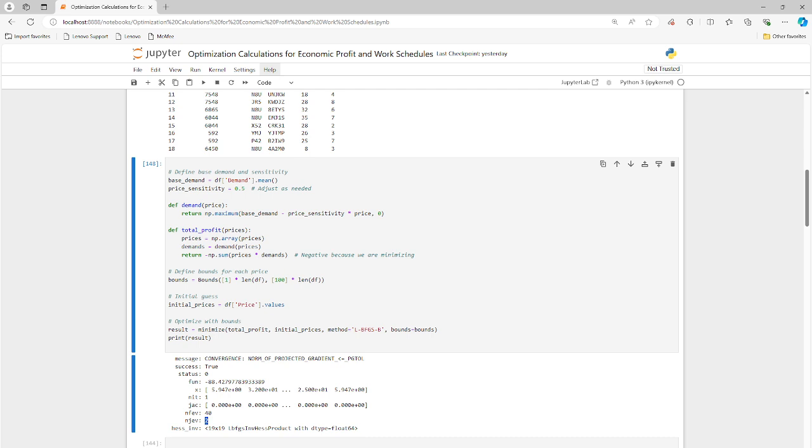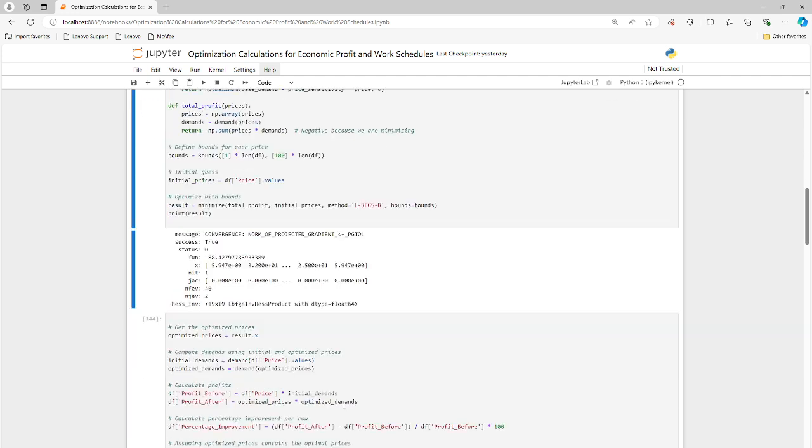So the function had to run 40 times to find the solution. And the gradient descent was actually just done twice to find the optimization. So 40 iterations to find the optimal price, to maximize profit, and 2 runs on the gradient descent.